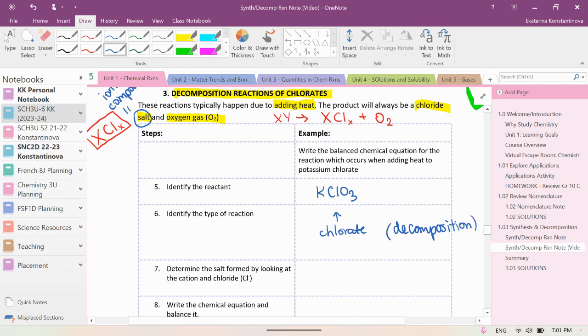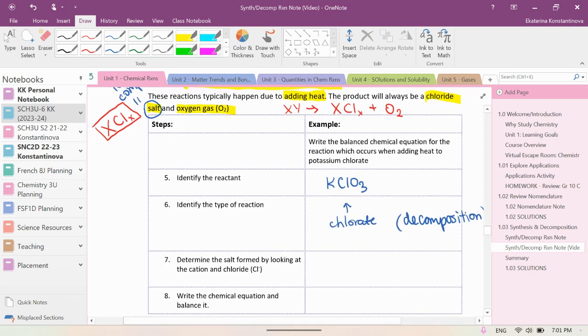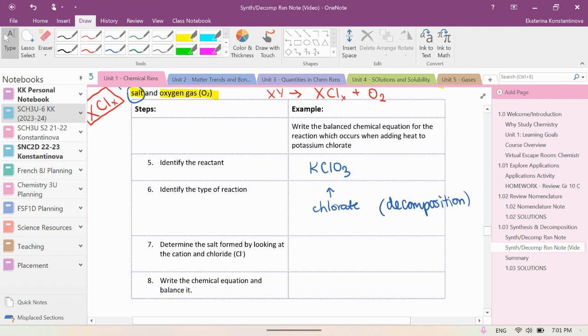And you should remember that it's going to decompose into our oxygen and into our ionic compound with chlorine, or our chloride salt. Determine the salt formed by looking at the cation and the chloride. So what is the cation in this case? We have potassium and the chlorine.